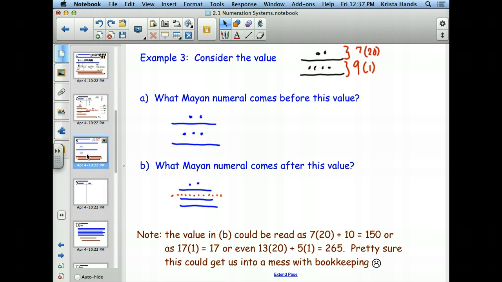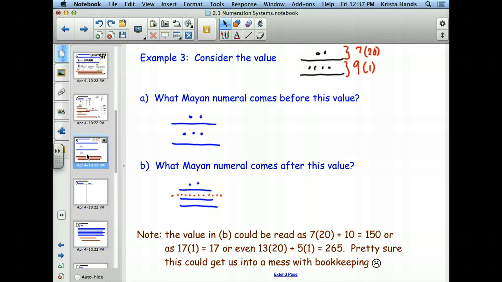So the 0 solved some problems. It solved the problems of what happens when there's nothing in a place value. But it doesn't solve the problem of what if we have bars, that is multiples of 5 in these place values. So this number in part B could be 7 20s and 10 1s, which is 150. Or it could be 17 1s, right?